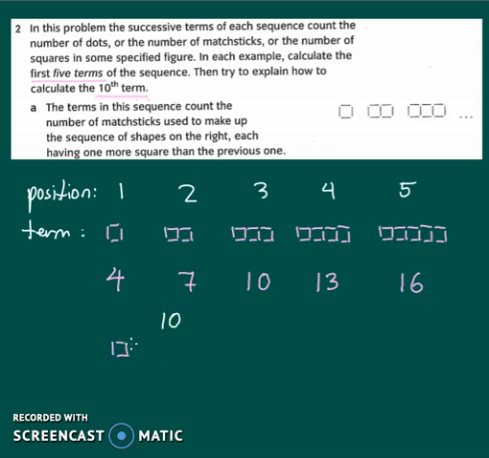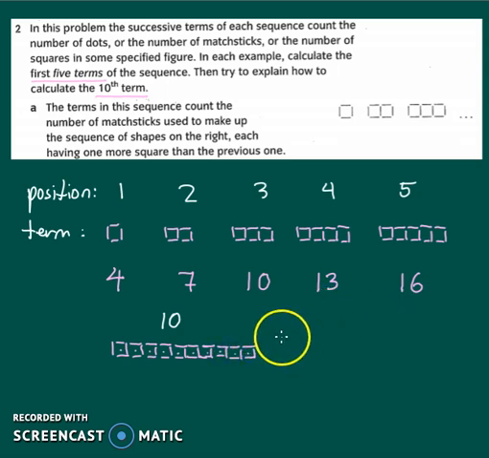So here's the original square. 3 once, 3 twice, 3 three times, 3 four times, 3 five times, 3 six times, 3 seven times, 3 eight times, 3 nine times. How many squares do we end up with? 1, 2, 3, 4, 5, 6, 7, 8, 9, 10.